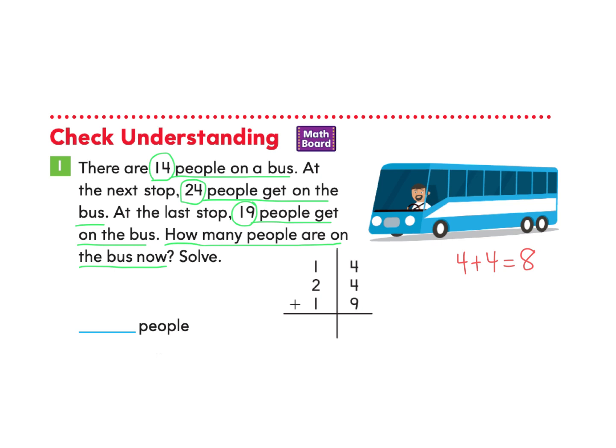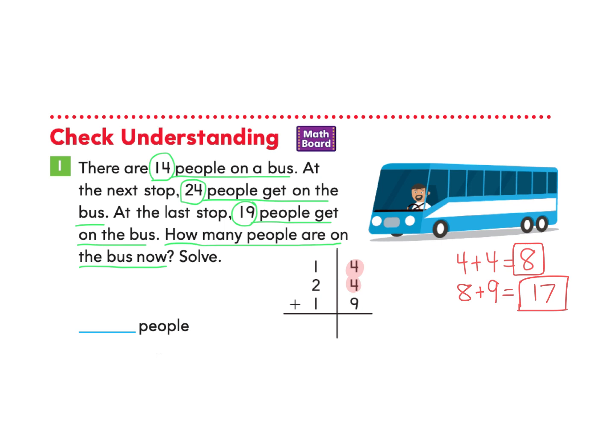So I have now added 4 plus 4. And now I need to add the other ones number, which is 9. So I'm now going to add 8, which is the number I got when I added 4 plus 4, plus 9. And when I add 8 plus 9, I get the answer 17.